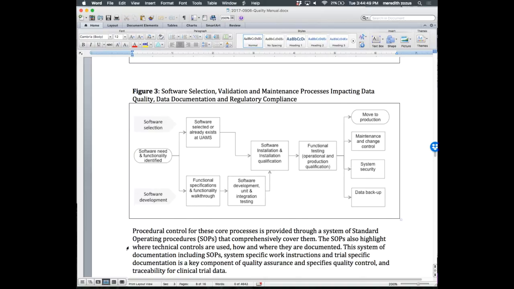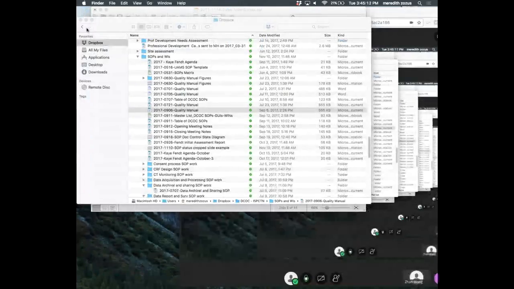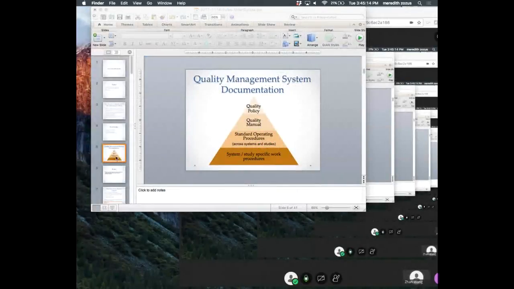That's what we mean when I say partitioning your process up into tasks, and then dropping down and writing standard operating procedures for those tasks. The standard operating procedure that I'm going to give you is either data acquisition and processing, or case report form design, so that you can take that text and practice drawing the flow chart for it. Okay.